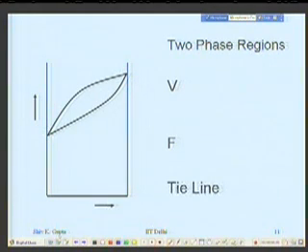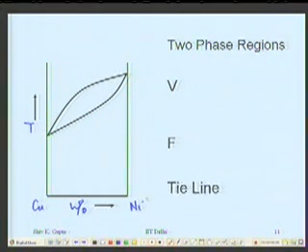Alright, let's look at the two-phase region now. This is the two-phase region here. To read the two-phase region, we draw a tie line.